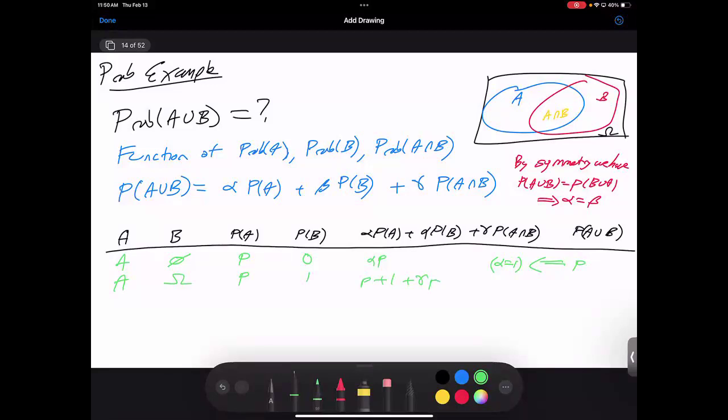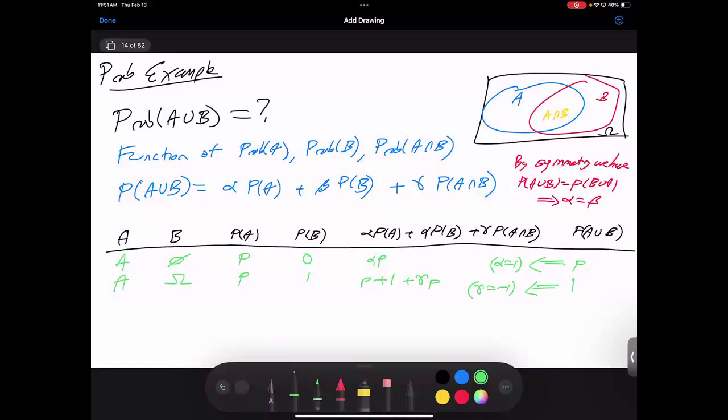So you get gamma P, right? And what is the probability of A union B if B is everything? Just 1. So what can you deduce here now? Gamma is -1. Did we prove gamma equals -1? No.